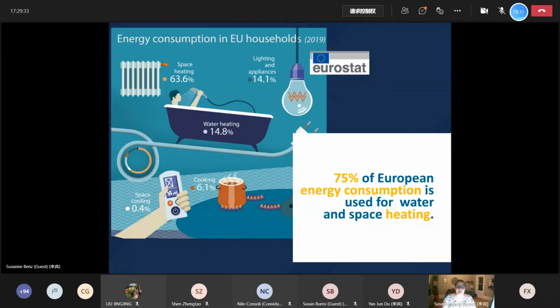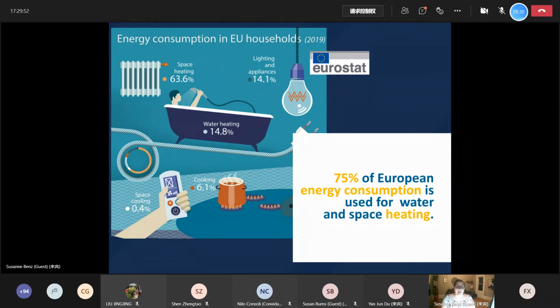So most of the energy we use is used for heating our houses and our water. And most of this still uses burning fossil fuels. So not very climate conform, far from climate neutral.